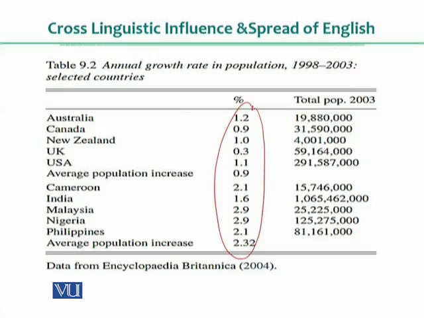You can already notice that from 2004 till today, there must have been a rapid increase. In every country, the population rate is shown here, how the number of people is increasing, from 1.2% to 2.1%, from Australia to the Philippines.